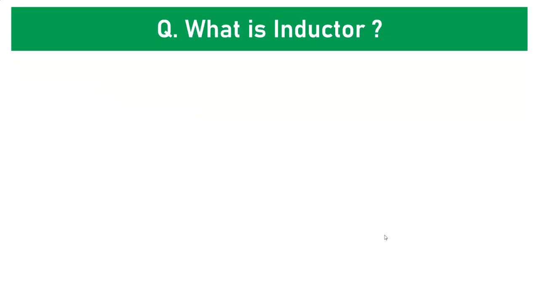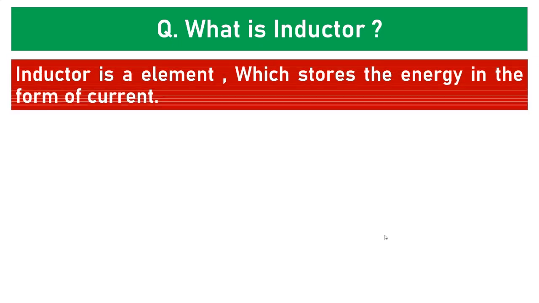Now coming to the second element, that one is inductor. What is inductor, and what is the main purpose of this inductor, and what happens if the inductor is connected in the circuit? Now see, the definition of inductor is an element which stores the energy in the form of current.